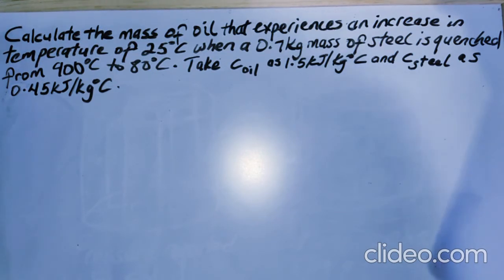If we are to assume that there are no losses to the atmosphere or to the vessel containing the oil, then the net heat transfer, that is the net heat gain or loss, must be zero, which means that the heat that is lost from the steel will be absorbed by the oil and only the oil.